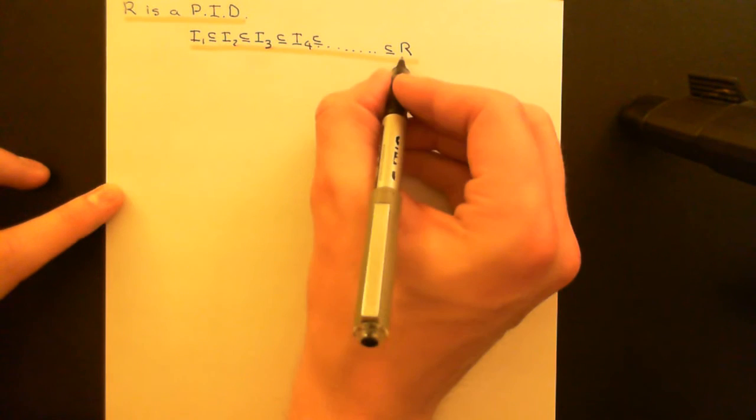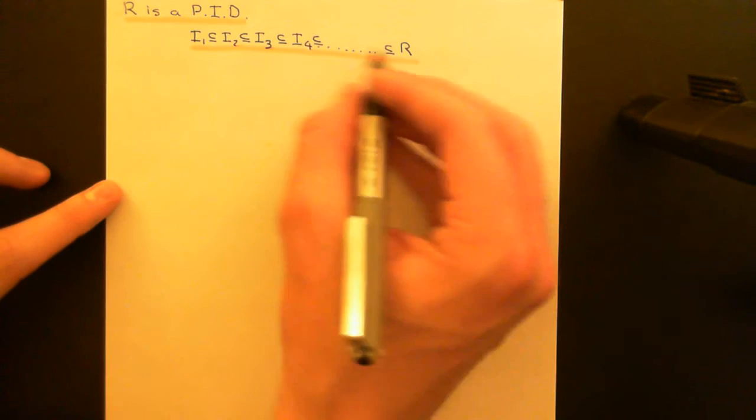So what I now want to show is that it must at some point become stationary, this ascending chain of ideals. Okay, and what do I mean by that? I mean that there must be some point in this great big ascending chain, and this is where it gets almost like analysis.